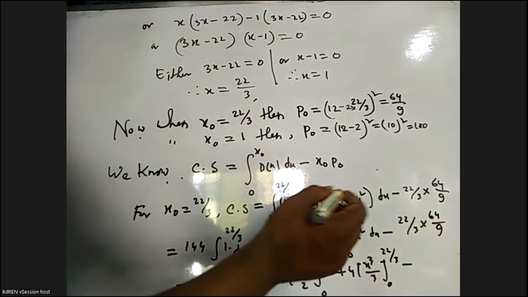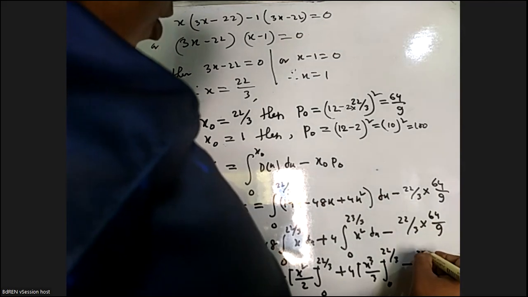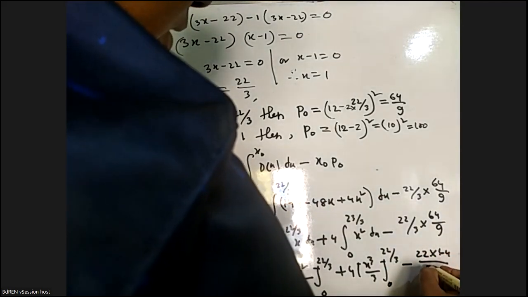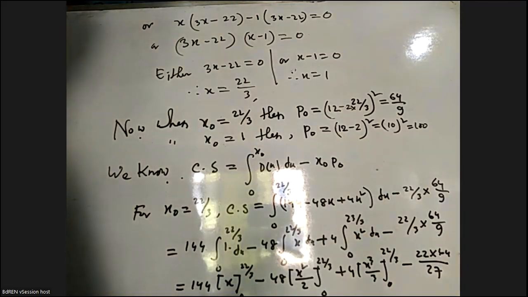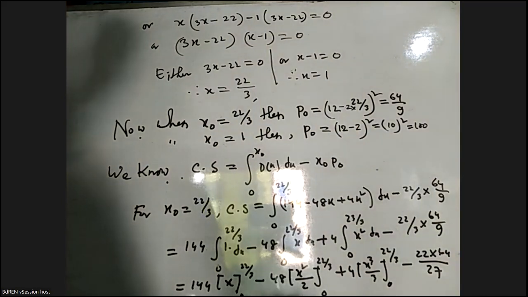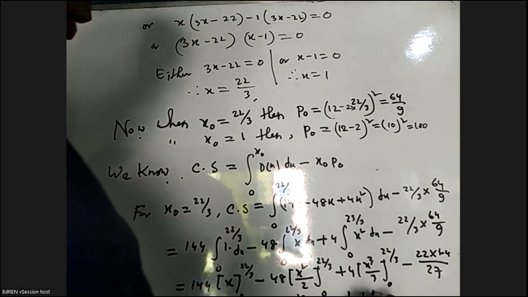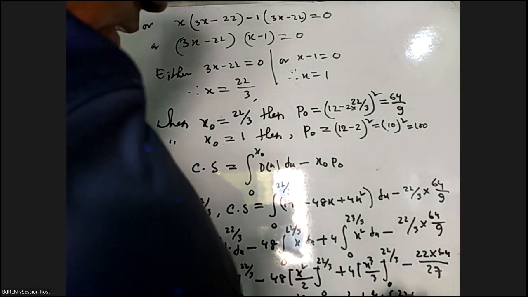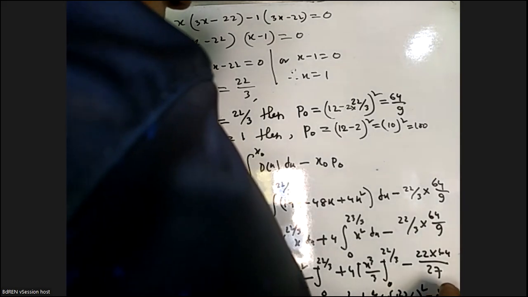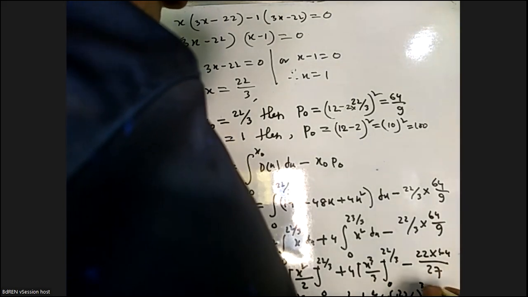Same procedure, so this will be 144 times 22 by 3 minus 0, minus 48 by 2 times 22 by 3 whole square minus 0 square, plus 4 by 3 times 22 by 3 whole cube minus 0, sorry, cube, minus 22 multiply 64 by 27.